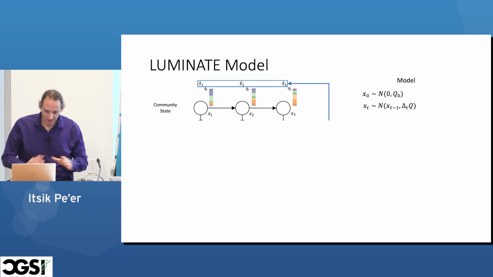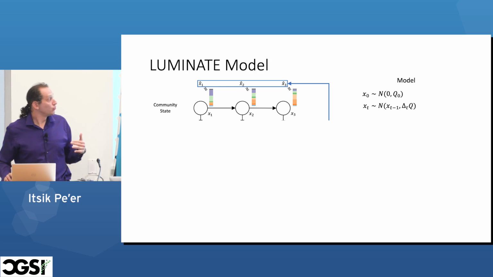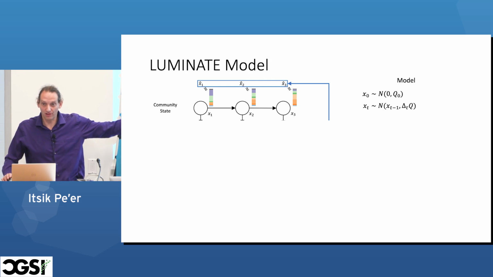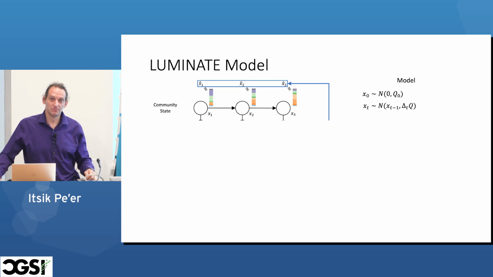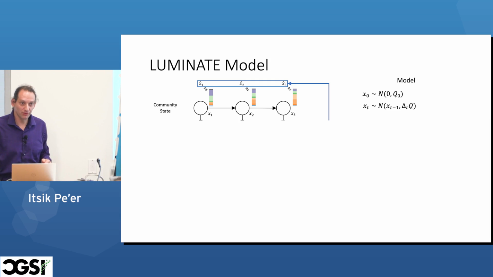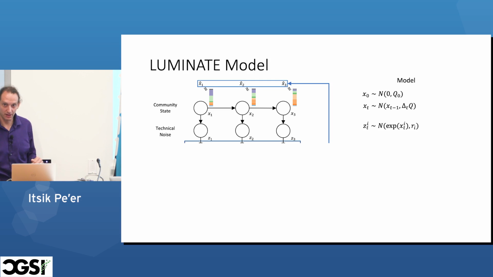And for reasons that may become clear later, we believe the right way to think about that is that the additive Gaussian process here is not directly controlling the frequencies of different bacteria, but rather the logs of these abundances.